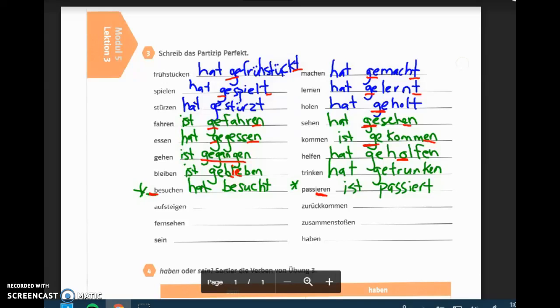To go into talking about a separable prefix here. This is ist. So aufsteigen ist aufgestiegen. Now, when you have a separable prefix verb, here is your prefix. It's on the front of your past participle. The GE that we commonly see in the past tense is located there.